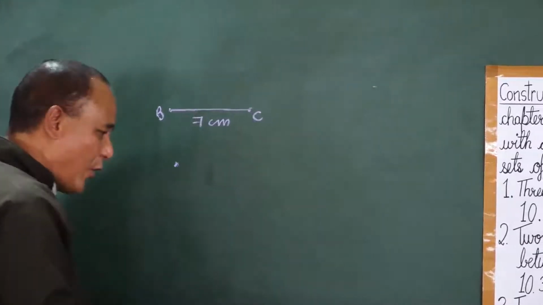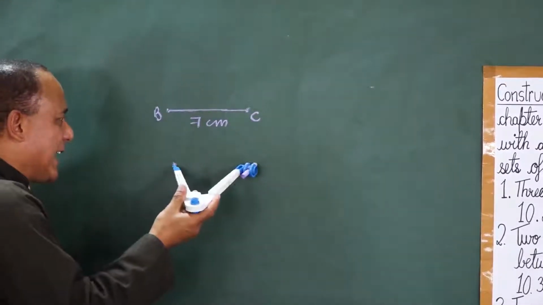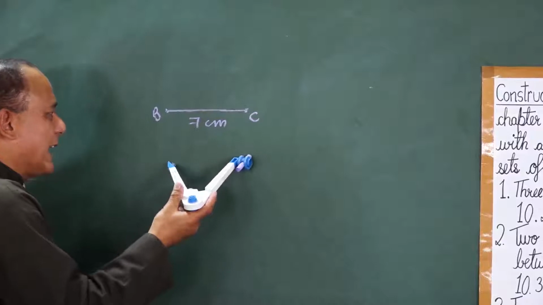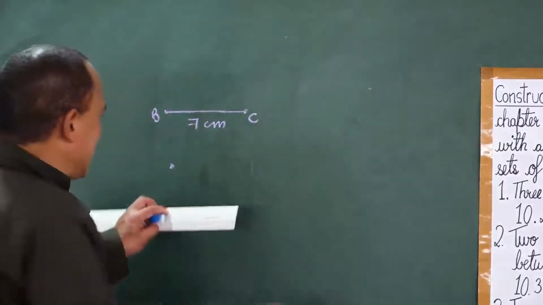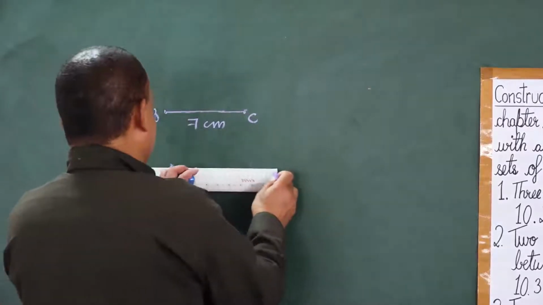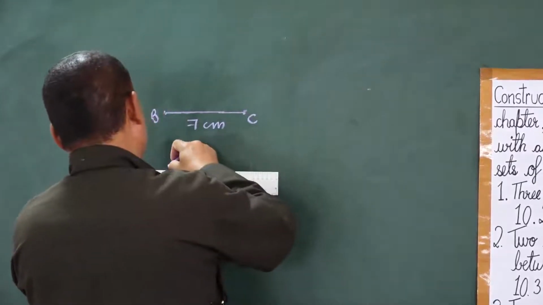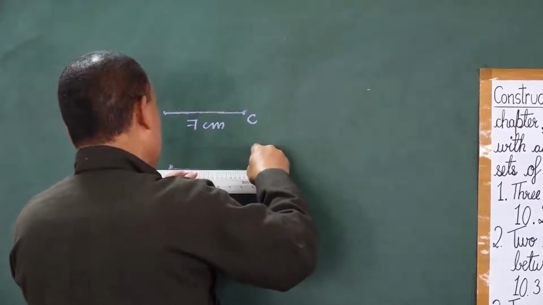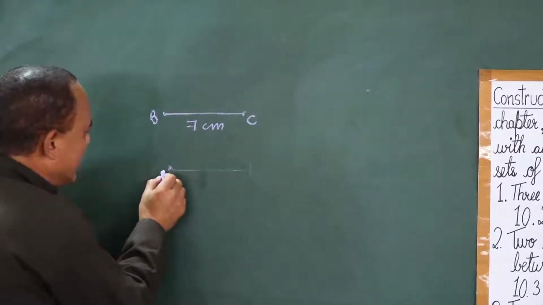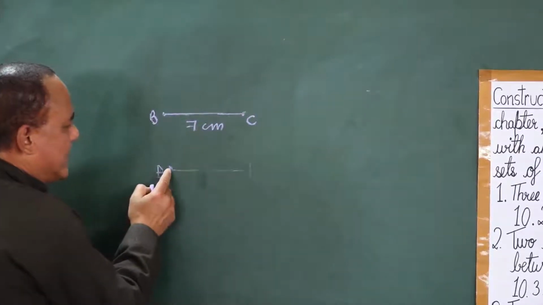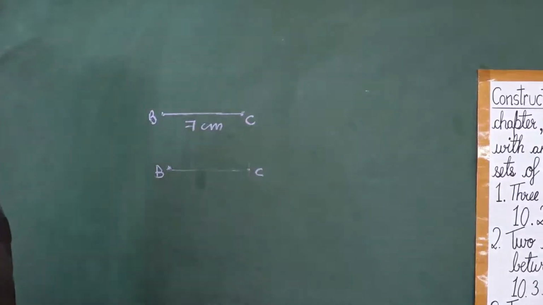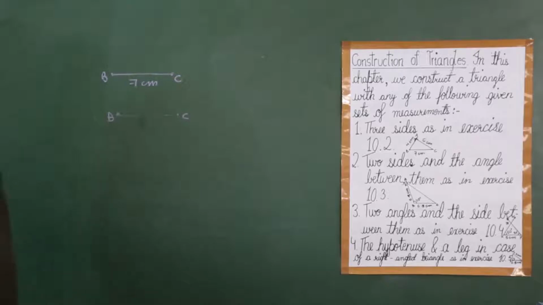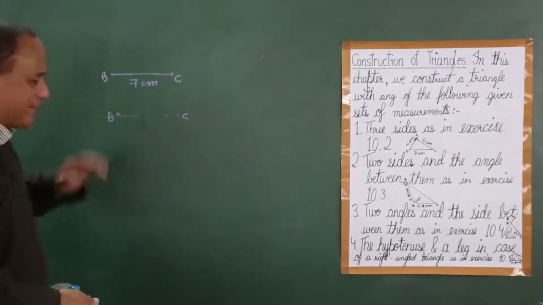Otherwise, if you want to draw another line, you make a mark or an arc here. So you join this arc and this point. And once you do that, name this point B and name this point C. This is another way to make a line segment.